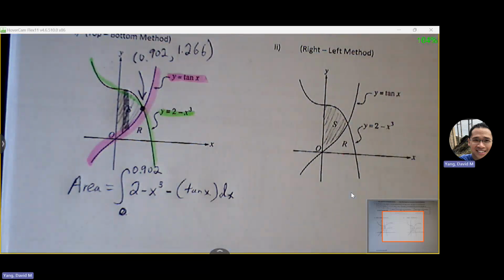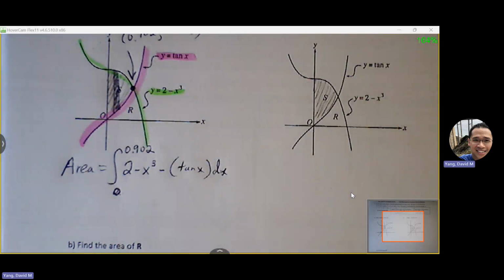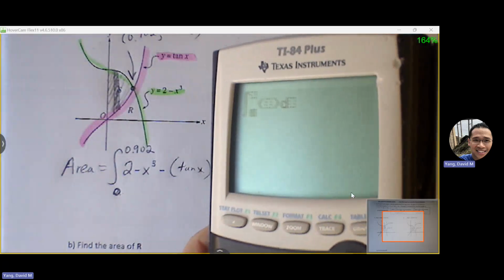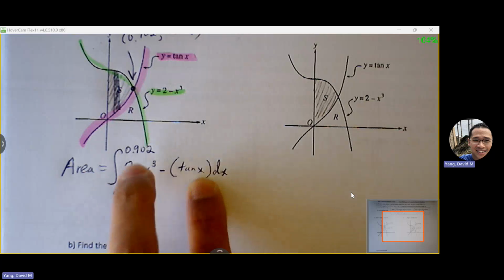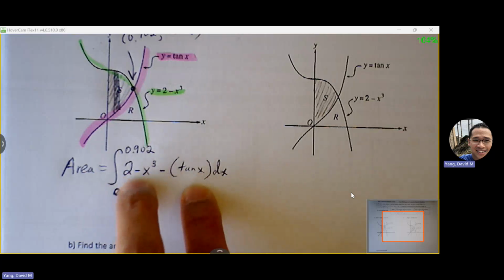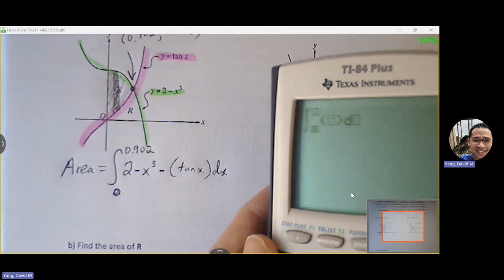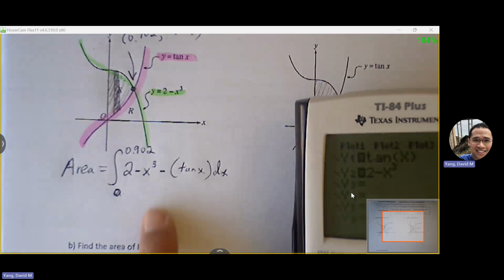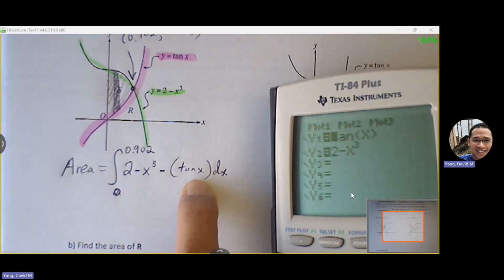And we just plug this in the calculator. Now, I like to make it a habit of, now if you enter all this into your main screen, that's fine. But eventually these functions, especially when we're talking about volume, will get more and more complex. So the way I like to do it is I like to start getting into a habit of calling my functions from y1 and y2. So I have y2 holding my 2 minus x cubed, and I have y1 holding my tangent of x.